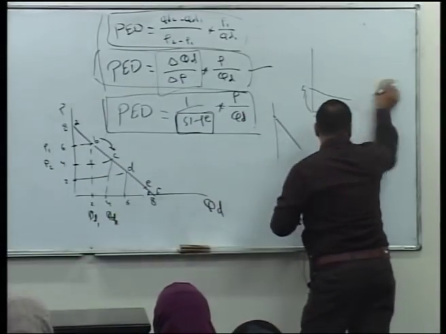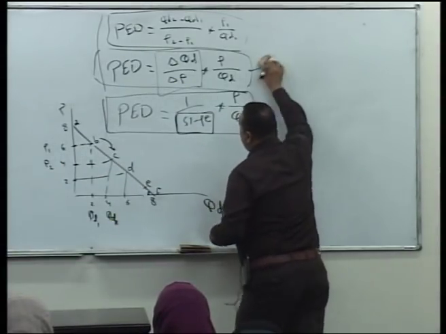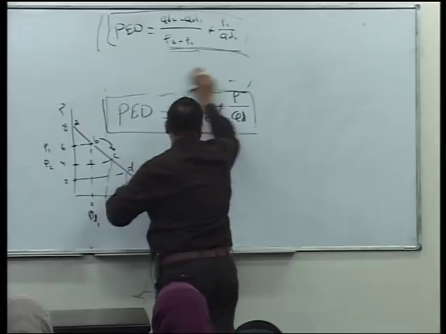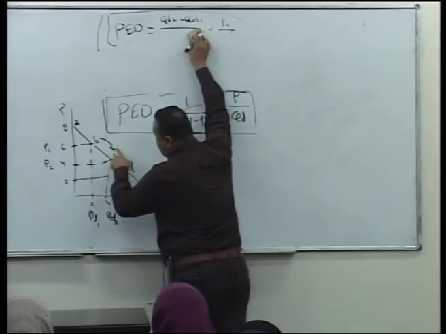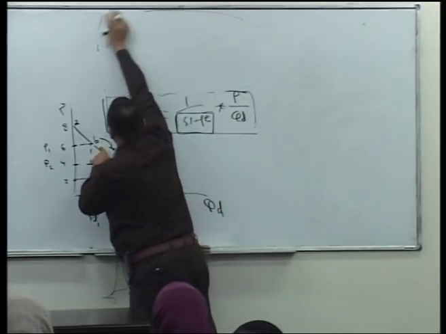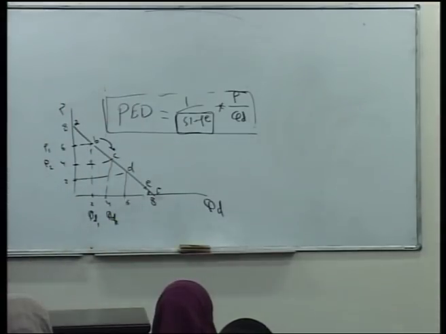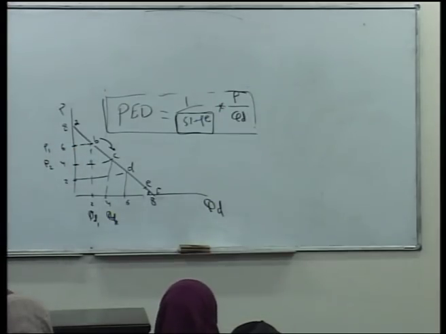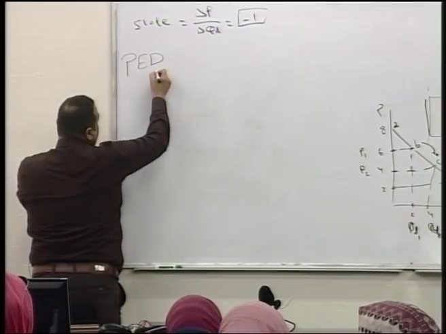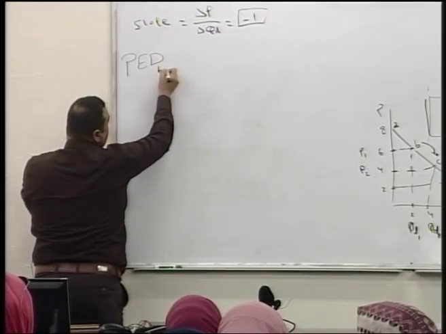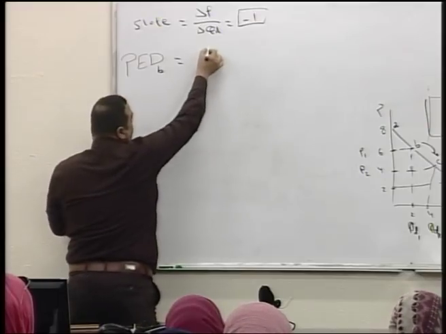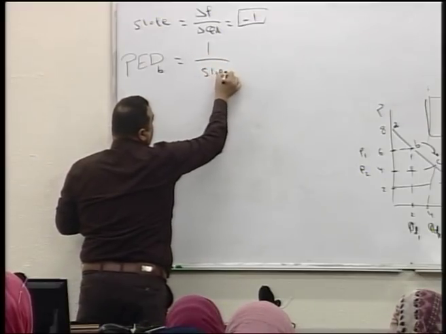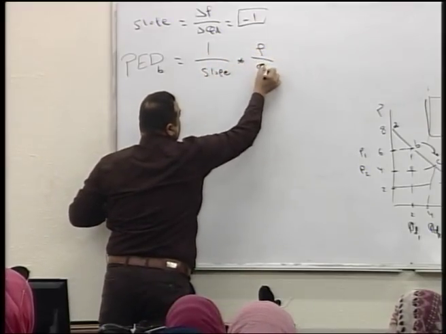Now, let's calculate the price elasticity of demand at point B, for instance. The price elasticity of demand at point B equals 1 over the slope times P over QD.